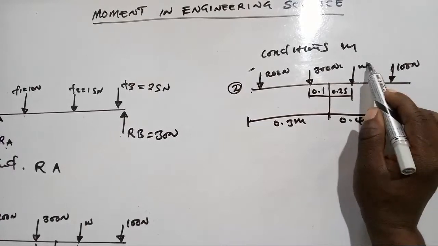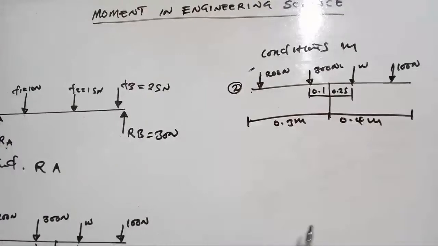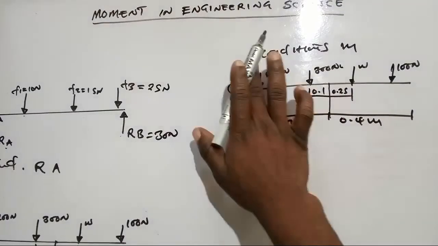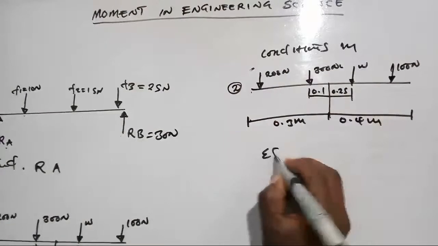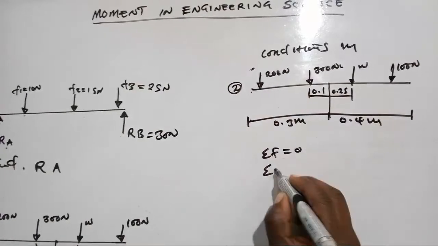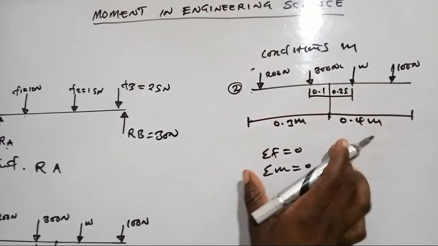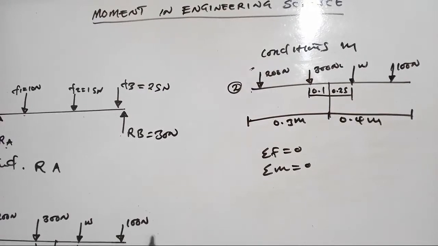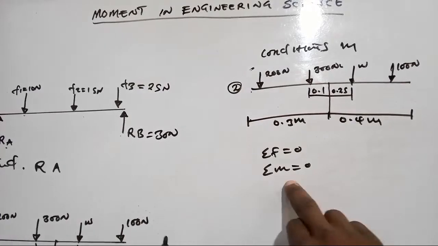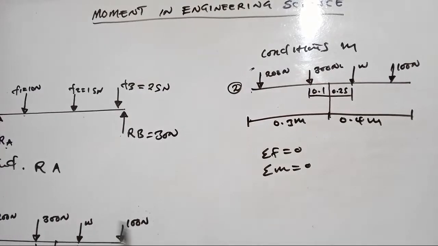So for us to find this W, we have to use both conditions: the summation of F should be equal to 0, and the summation of moment should be equal to 0. So first, let's use the sum of moment.